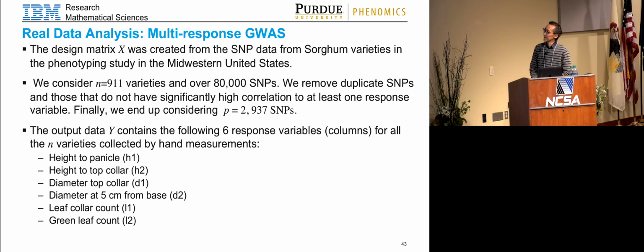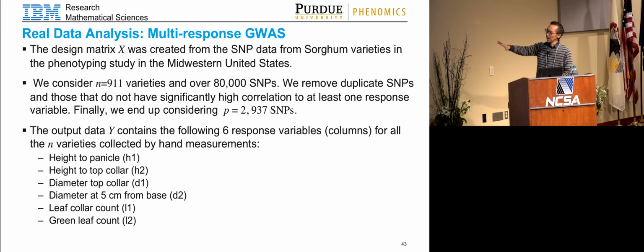One of the real data analyses that we tried is on multi-response GWAS, where we made use of close to 1,000 varieties of sorghum with 80,000 SNPs, but we reduced these SNPs down to about 3,000 after removing highly correlated and duplicate SNPs.